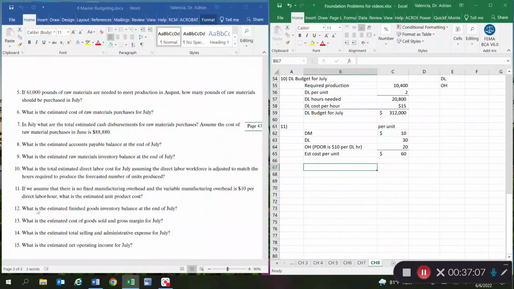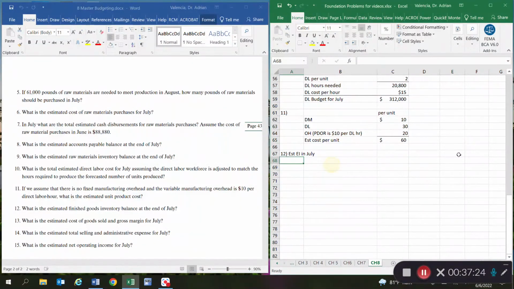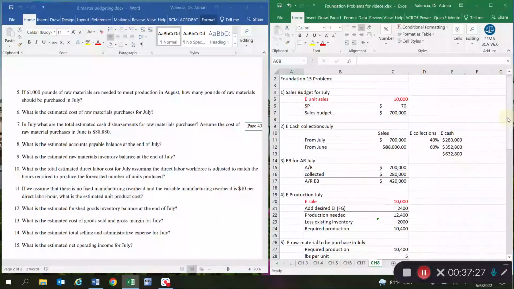Number 12 says, what is the estimated finished goods inventory balance at the end of July? Okay, so let's go ahead and look at that. Estimated ending inventory in July. If we go back to the original sales forecast here, where we wanted to make 10,000, and then we did the expected production budget, where we said we need to at least make those 10,000, and then we added a desired ending inventory for finished goods of 2,400.